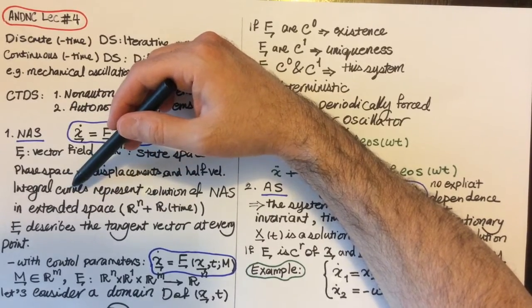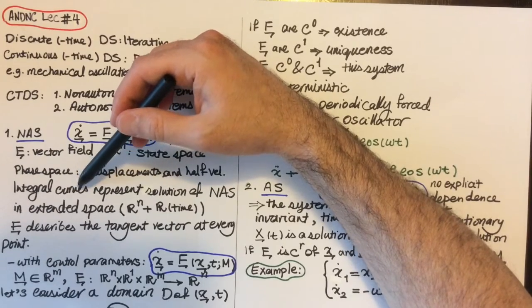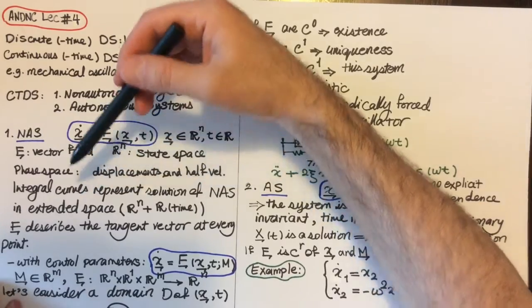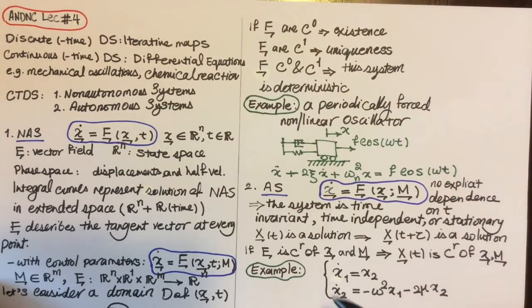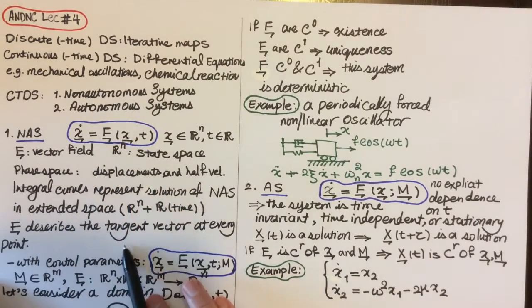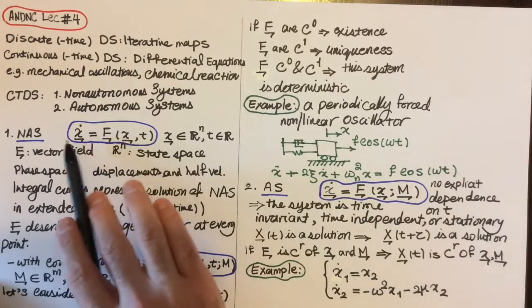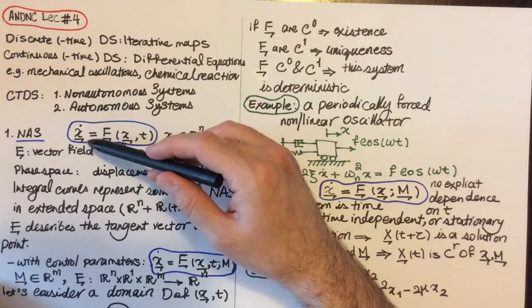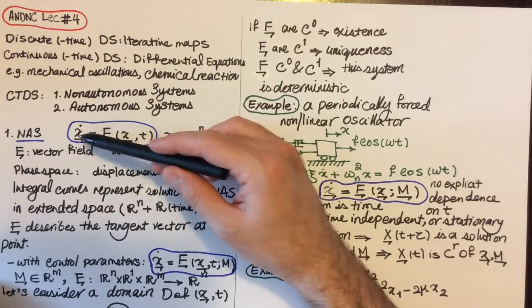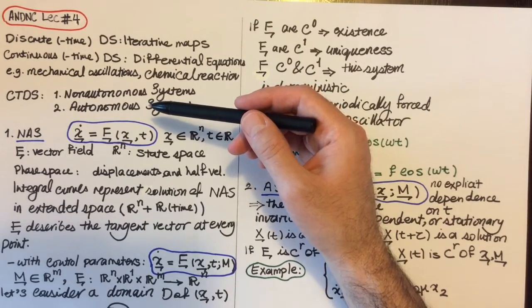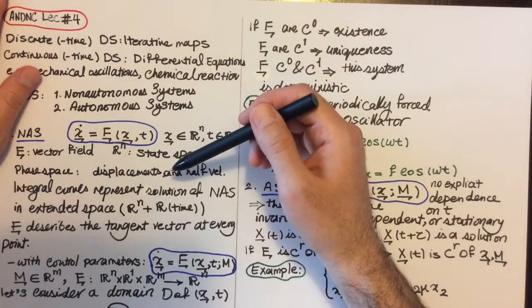If you describe your solution in this space, you get a curve, which is called an integral curve. And F, as you might guess, describes the tangent vector at every point. F is equal to x dot, right? Therefore, at each point, F describes the tangent vector to that solution of the dynamical system.